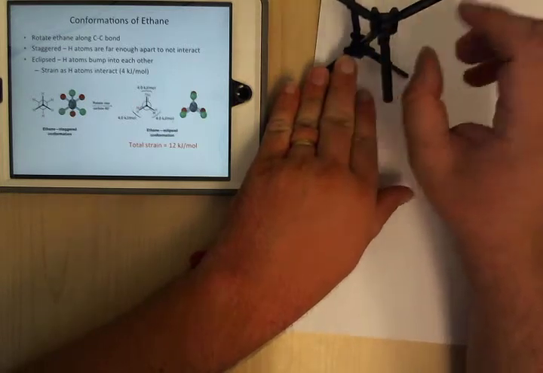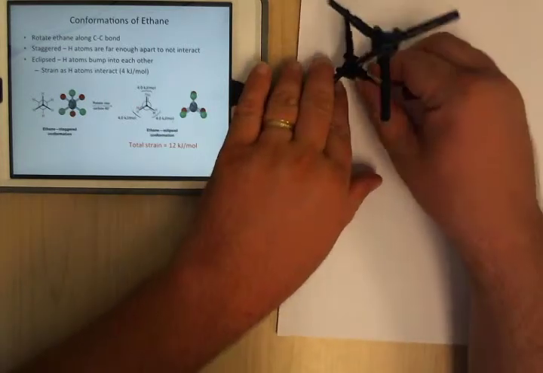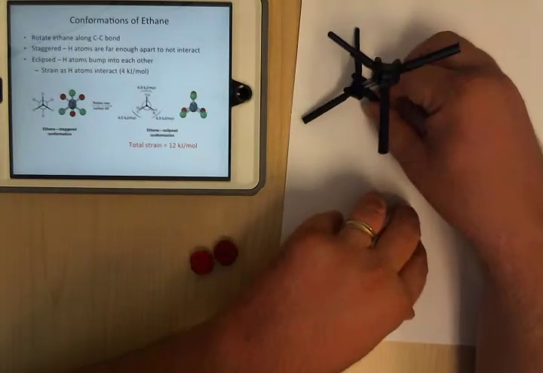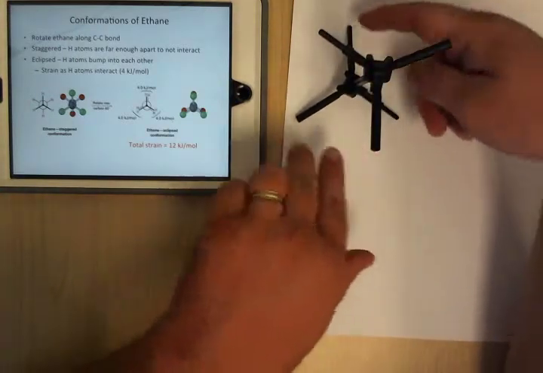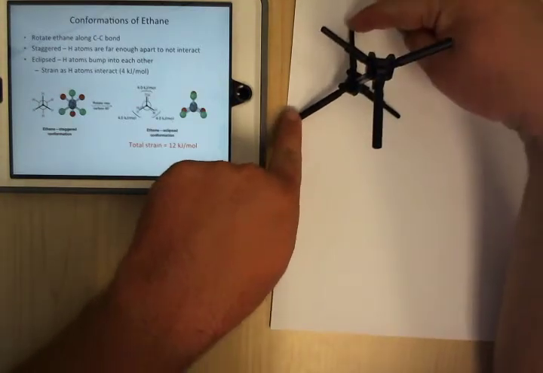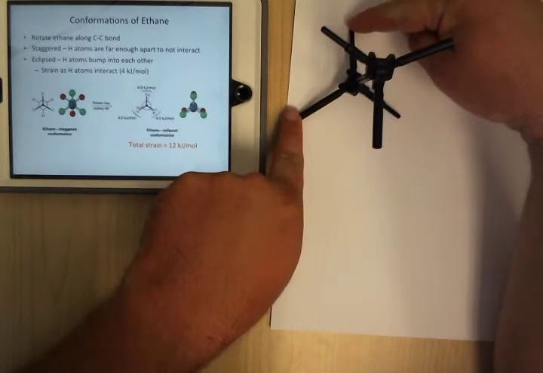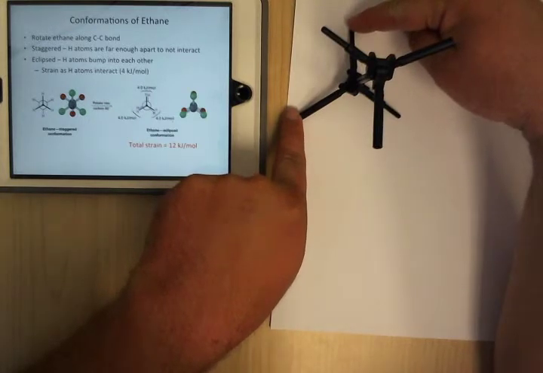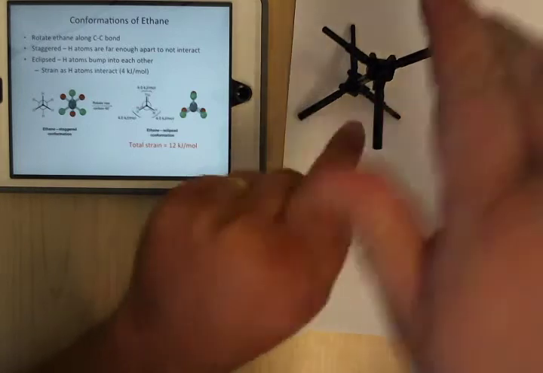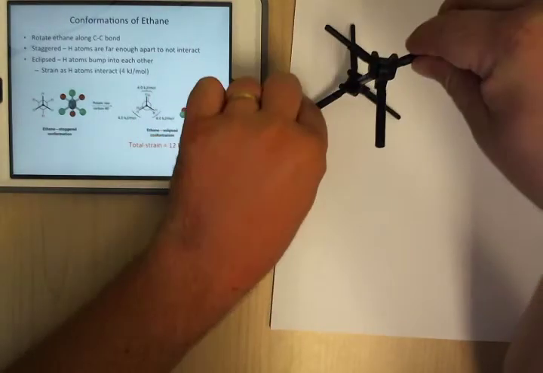When they're staggered, this hydrogen is in between these 2 hydrogens. There's no interaction. This is called a staggered configuration, when they're offset by 60 degrees.